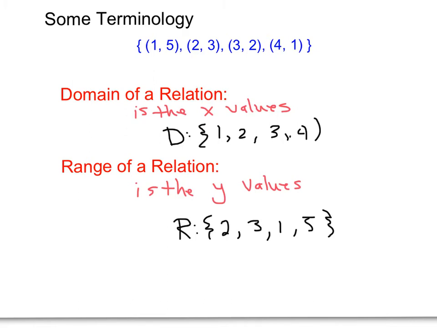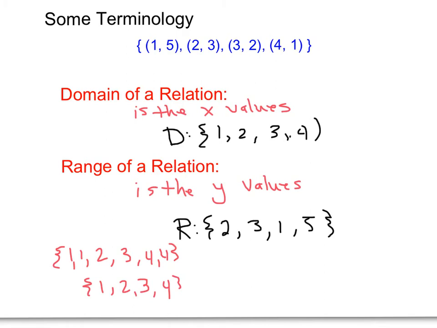Now one thing that I want you to remember is that when we're dealing with domain and range, we only write a specific number once. So if we have a situation where a relationship has more than one of the same x value, we only write it one time instead of writing it multiple times. So for example, if we had a range of 1, 1, 2, 3, 4, and 4, the actual range would be 1, 2, 3, and 4.